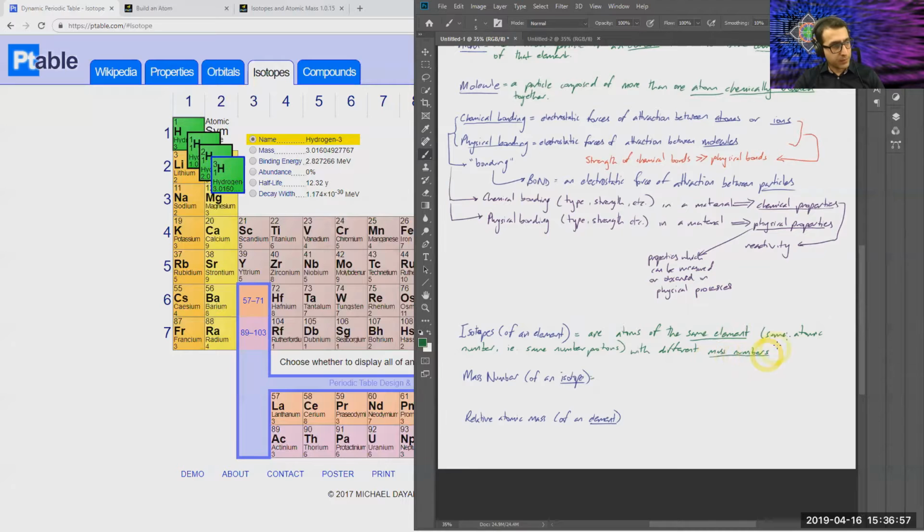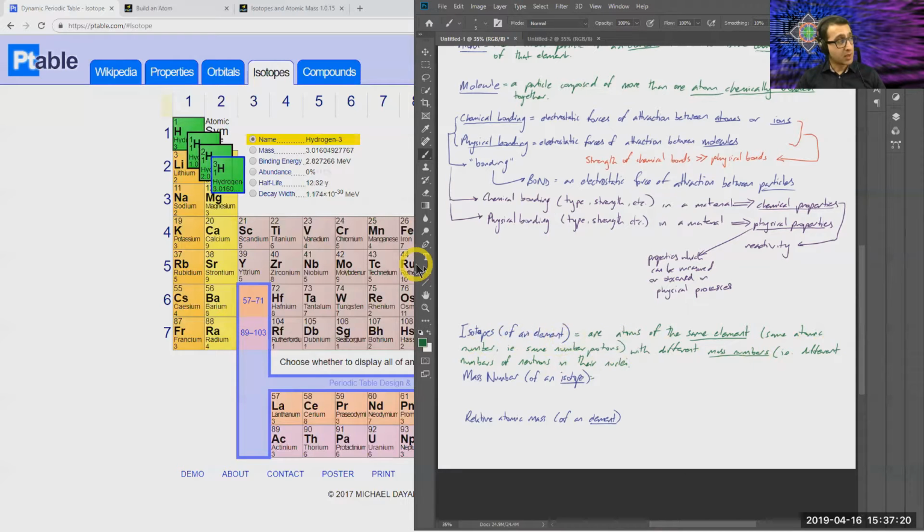Now, this means, i.e., different numbers of neutrons in their nuclei. So this is the definition of an isotope.